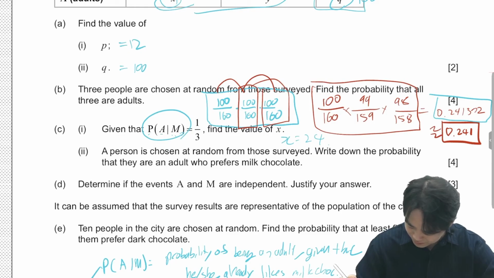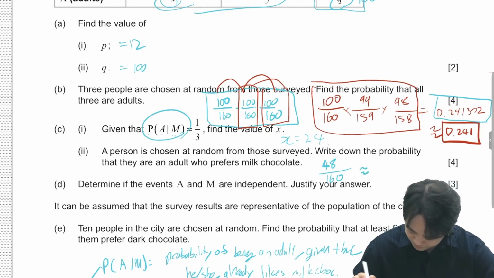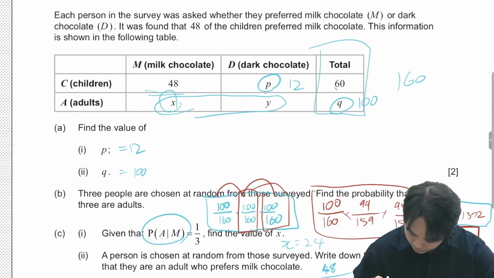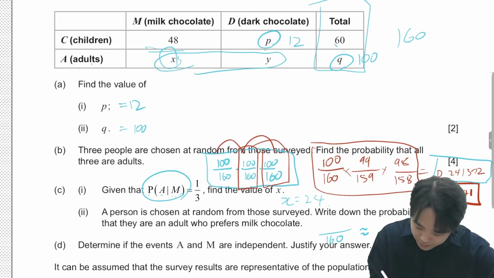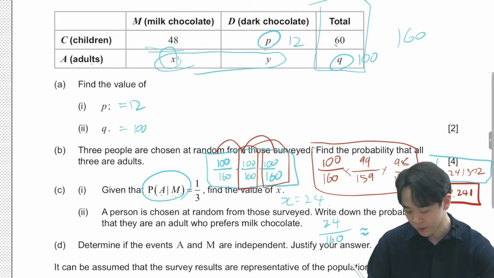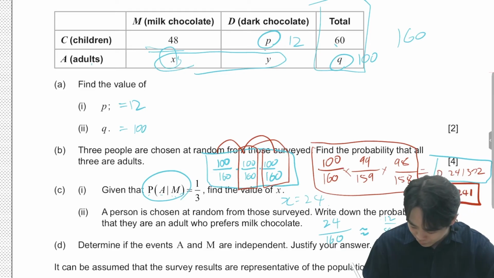So this is a no-brainer. Oh wait, it's 24, my bad. X was 24. So what's the probability of choosing 1 of 24 adults who like milk chocolate out of 160 total? That simplifies to 12 over 80, or 6 over 40, or 3 over 20. So that's going to be around 0.15.